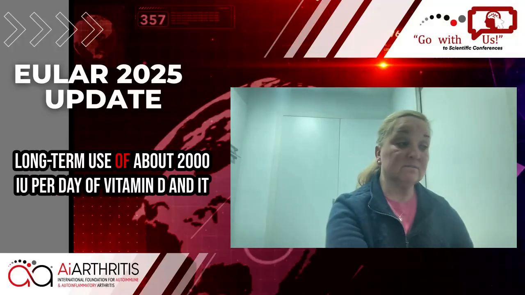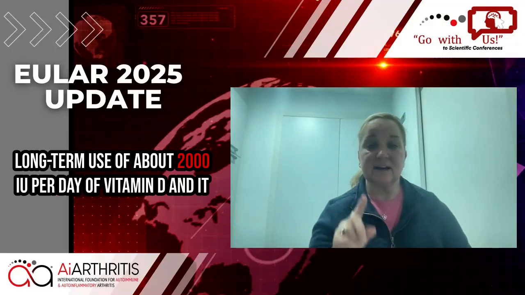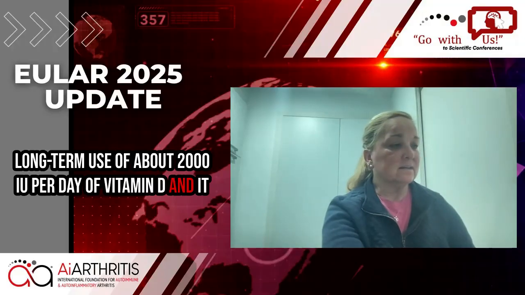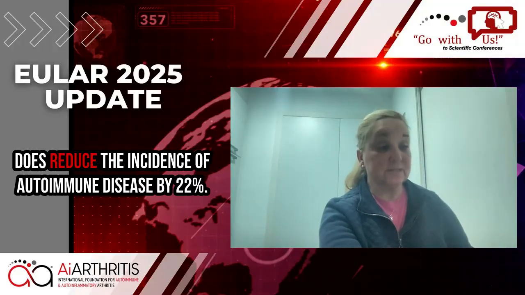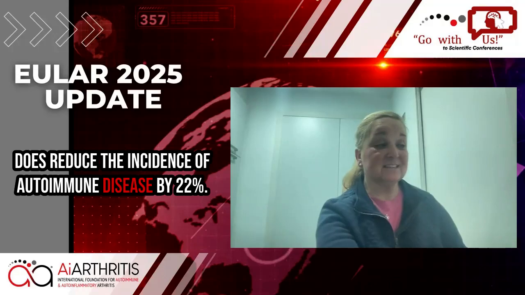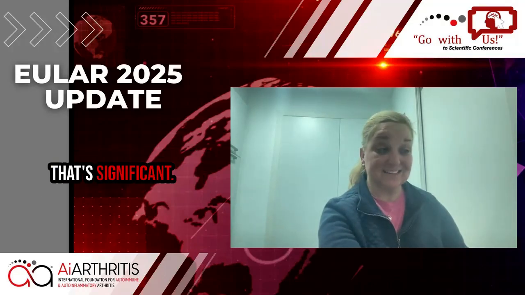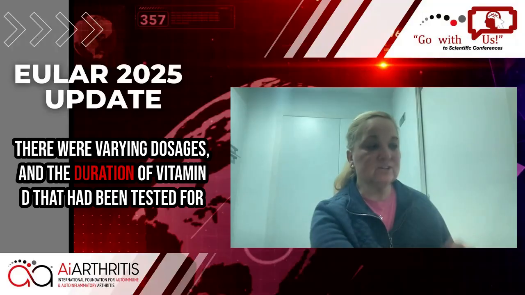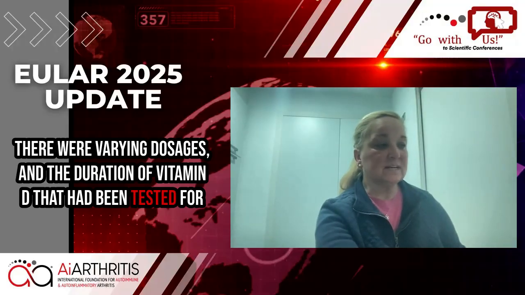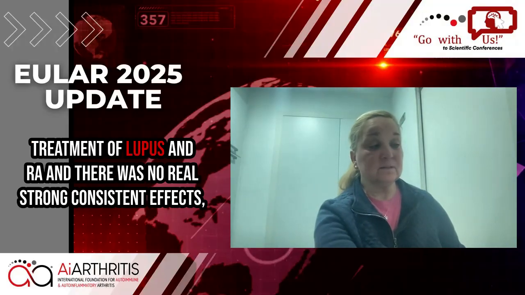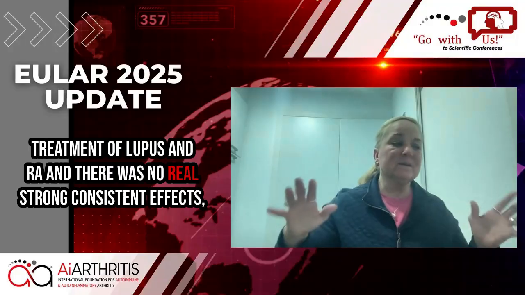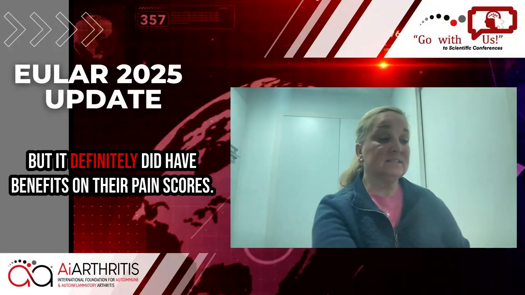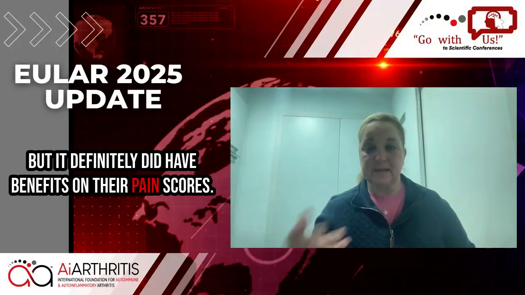Long-term use of about 2,000 IU per day of vitamin D does reduce the incidence of autoimmune disease by 22%. That's significant. There were varying dosages and durations of vitamin D that had been tested for treatment of lupus and RA, and there was no real strong, consistent effects, but it definitely did have benefits on their pain scores.